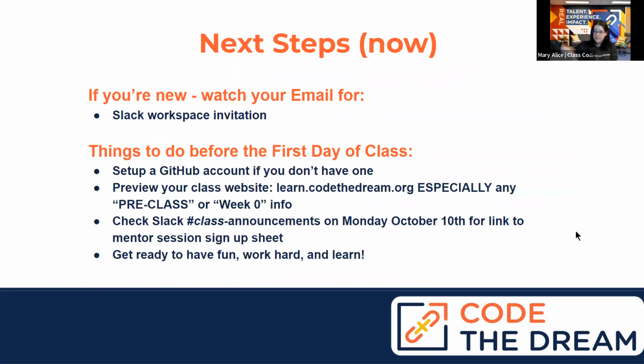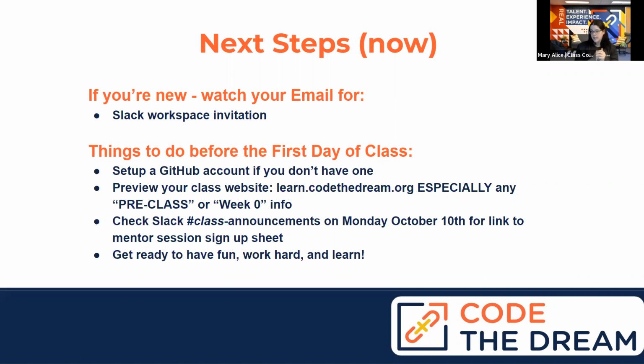All right, next steps now. If you're new, watch for the Slack workspace invitation. If you are a Ruby on Rails student, watch for a Team Treehouse invitation. All classes, regardless of which class you're in, set up a GitHub account if you don't have one. Preview your class website, learn.codethedream.org, and then go to your class as we showed earlier. And take a look at that either pre-class, week 0, whatever's in that October 5th to October 11th date range.